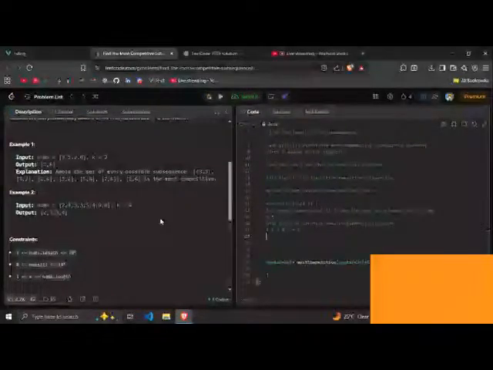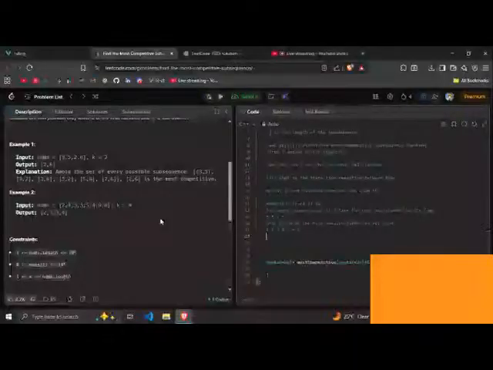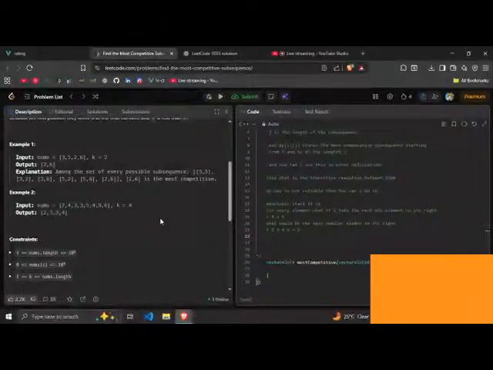So 6 is there. If I get 6, then I can either add it to my subsequence or leave it. So I will add it as well and leave it as well. Okay, then comes 2. Then I will add 2.